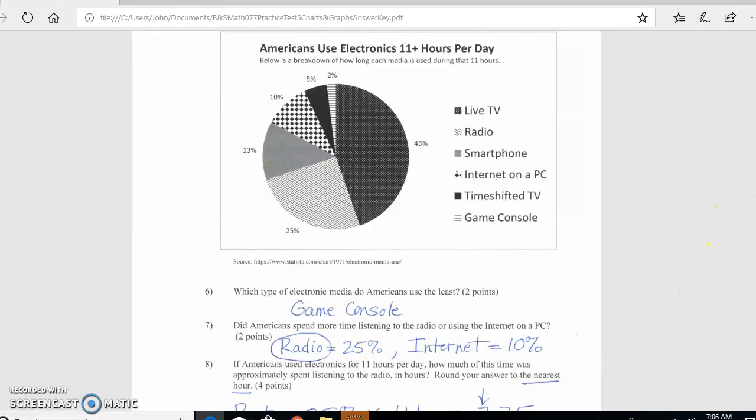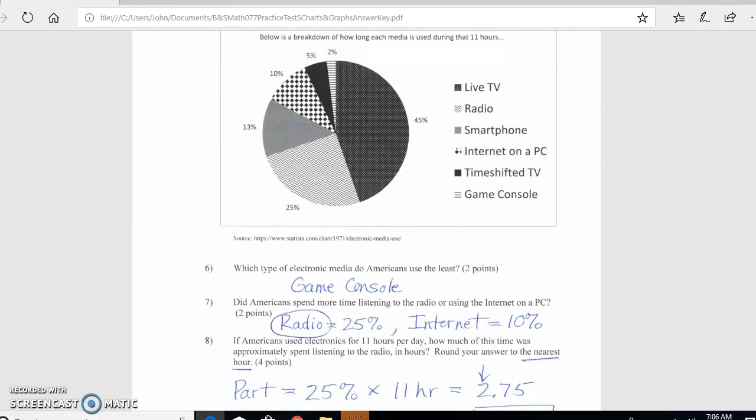And then on number 8, the question is, if Americans used electronics for 11 hours per day, how much of this time was approximately spent listening to the radio in hours? Round your answer to the nearest hour. So we're looking for the number of hours in a day spent listening to the radio.